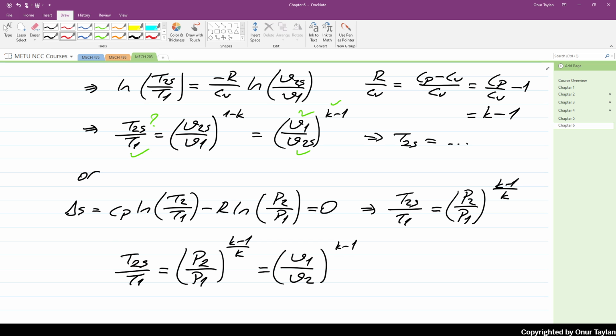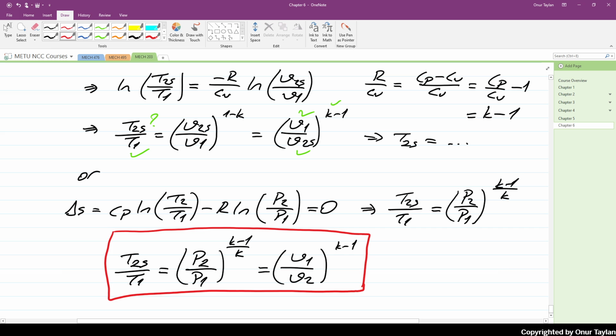If you notice, this is nothing but what we wrote in chapter 3 for an ideal gas after we defined ideal gases. But k was equal to n, and it was for a polytropic process of an ideal gas. So this is applicable under 3 conditions. First of all, you have to have an ideal gas. Second, you have to have constant specific heat.